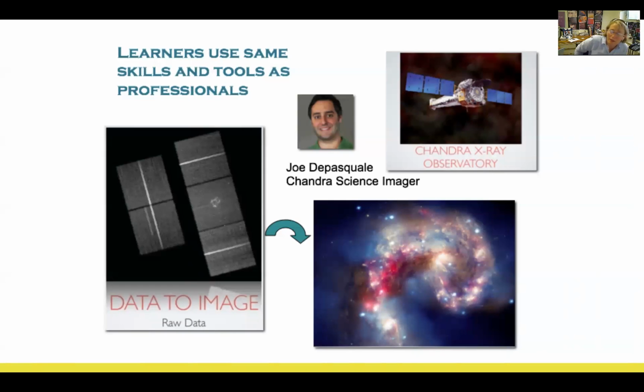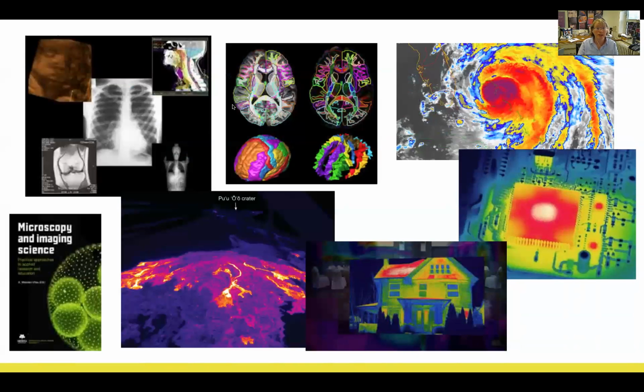We've adapted it to make it a little bit easier to use for novice learners, but the scientists who work with NASA's Hubble telescope or Chandra X-ray Observatory all use the same tools to enhance and colorize images they work with. And not only that, across the disciplines, image processing is really an important skill.